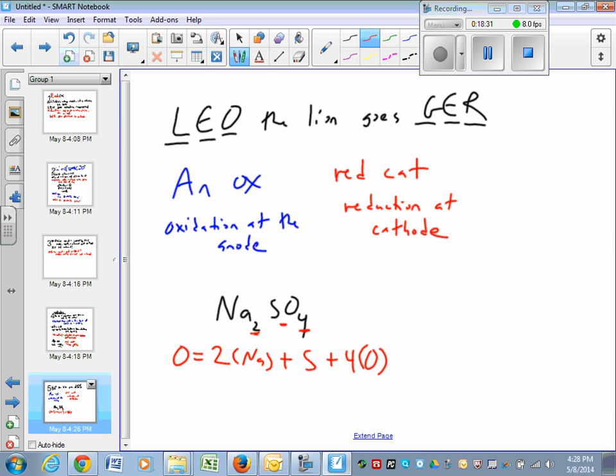I know the charge of sodium. I know the charge of oxygen. Okay. Oxygen is always a -2. Our metals, we know what their charge is from the periodic table. Where we run into trouble is if we have a transition metal and in the nonmetals, because most nonmetals actually can have more than one possible charge. So what we're going to do right now is figure out what the charge of sulfur is, because I already know sodium is a +1, and I already know that each of the oxygens has a -2 charge.